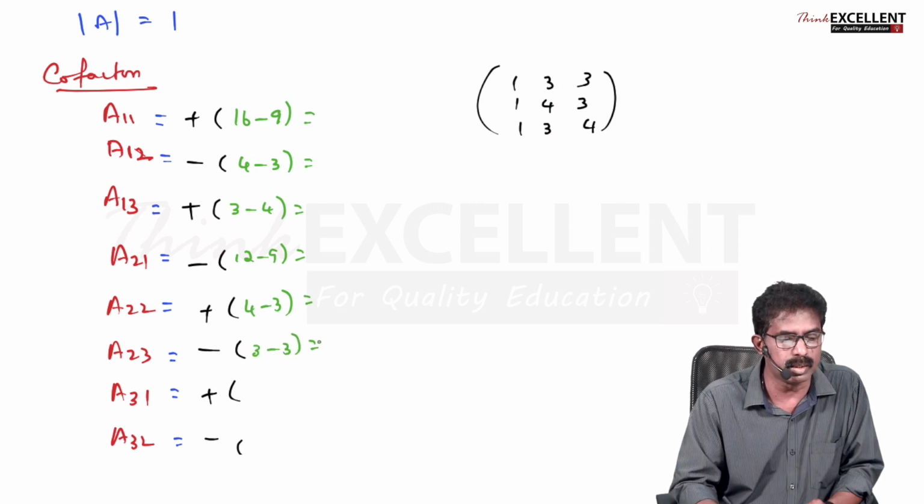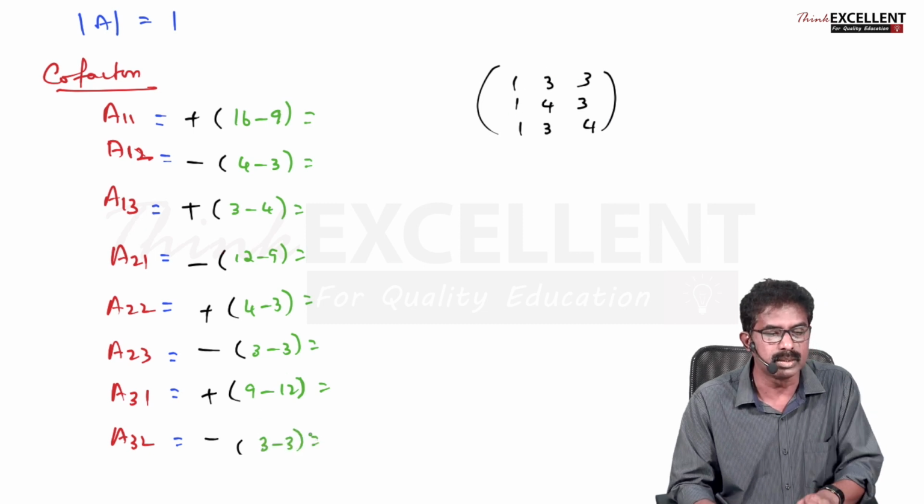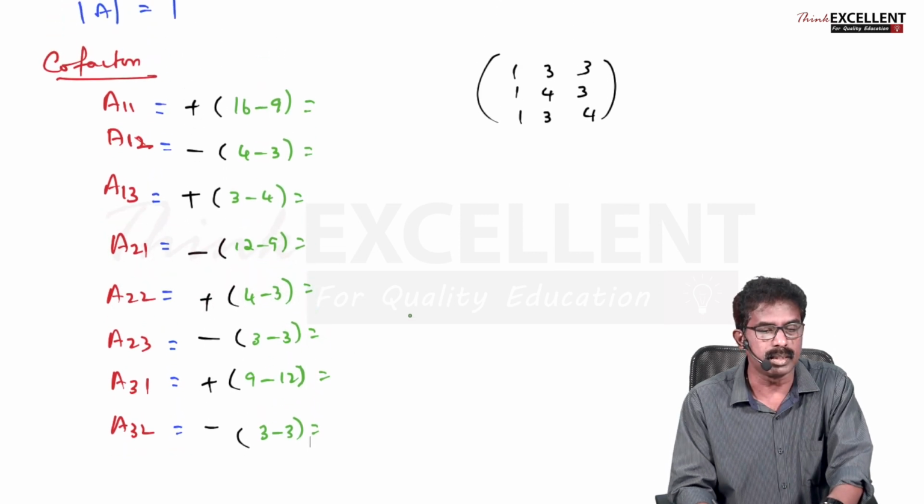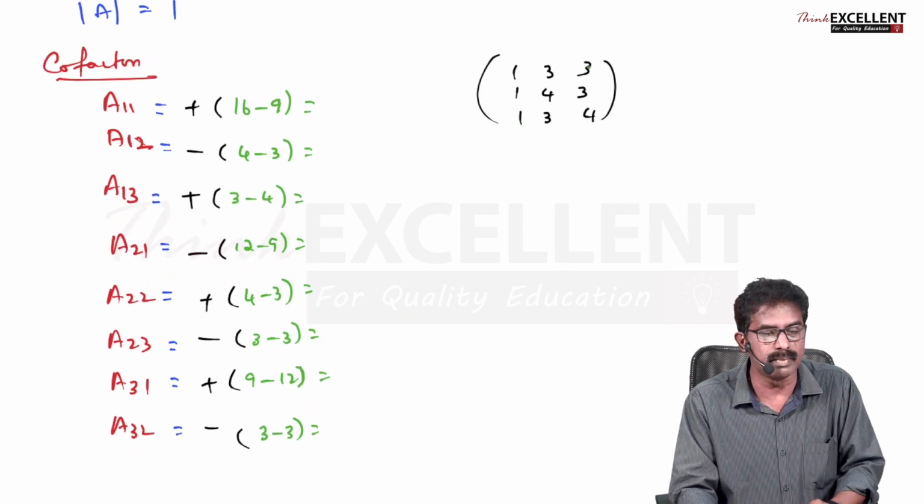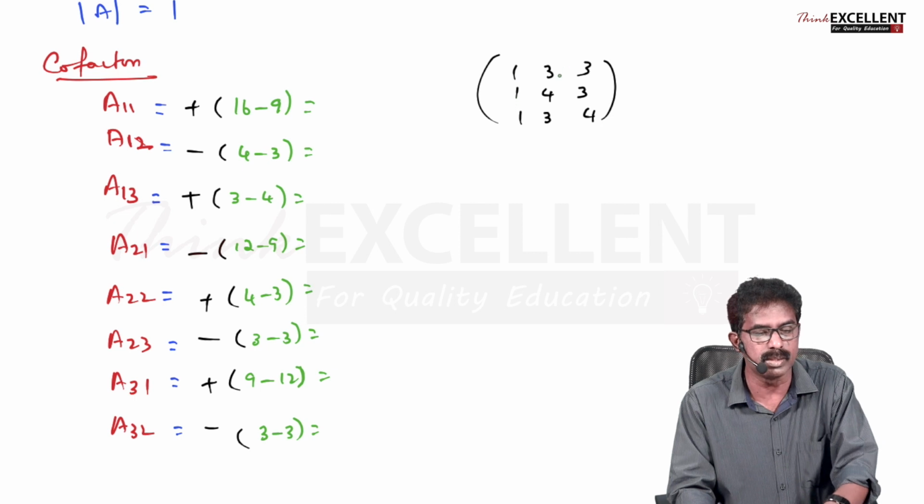Now you come to the next row, 3 1. That 1 is there, right? Leave the row, leave the column. 3 3s are 9 minus 12. 3 2, that is this 3. Leave the row, leave the column. 3 minus 3. And the last one, 3 3. Leave that row, leave that column. 1 into 4, 4 minus 1 into 3, 3.